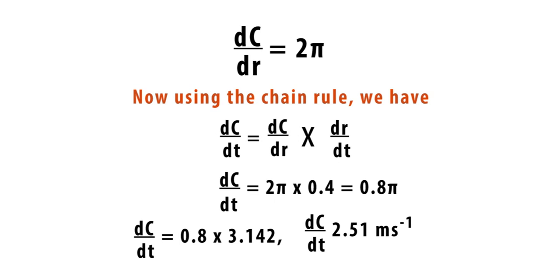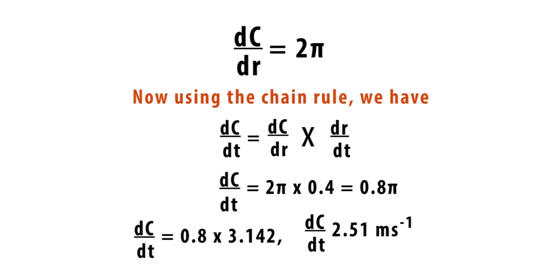Now we will use the chain rule, and then that will give us dC/dt is equal to dC/dr multiplied by dr/dt. So dC/dt is equal to 2 pi multiplied by 0.4. When we simplify this, it will give us 0.8 pi.